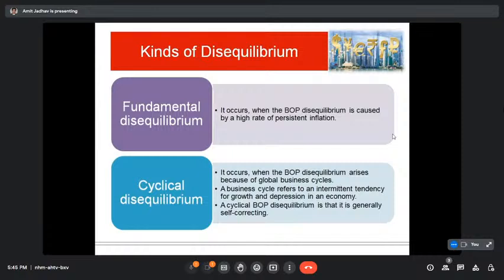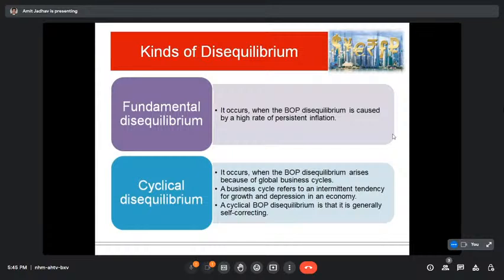As we already discussed, high inflation increases the cost of production and automatically reduces the demand for domestic commodities. Similarly, foreign producers can sell their products at quite a lower price in our country. So fundamental disequilibrium will be there.